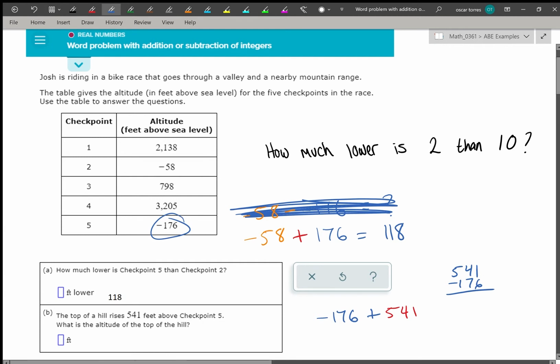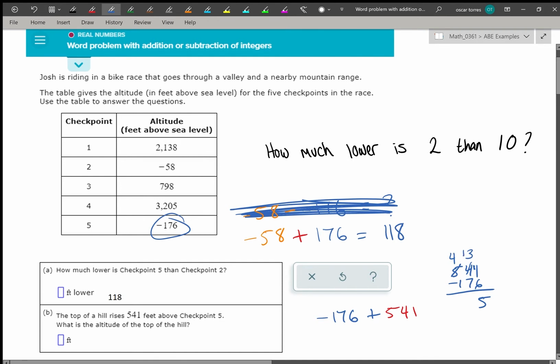If we do the math, when we subtract these numbers, we try doing 1 minus 6, but we can't do that, so we gotta borrow a place value from the 4. The 4 would turn into a 3, and the 1 turns into 11. 11 minus 6 is 5. We move on to the next value. 3 minus 7 we cannot do, so we gotta borrow a 1 from the 5.